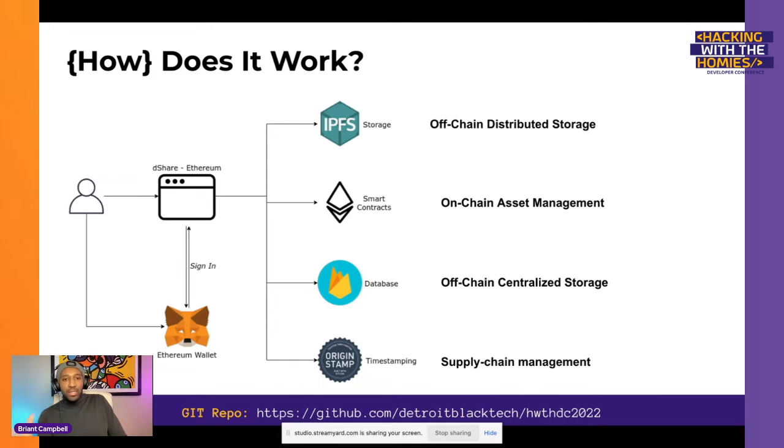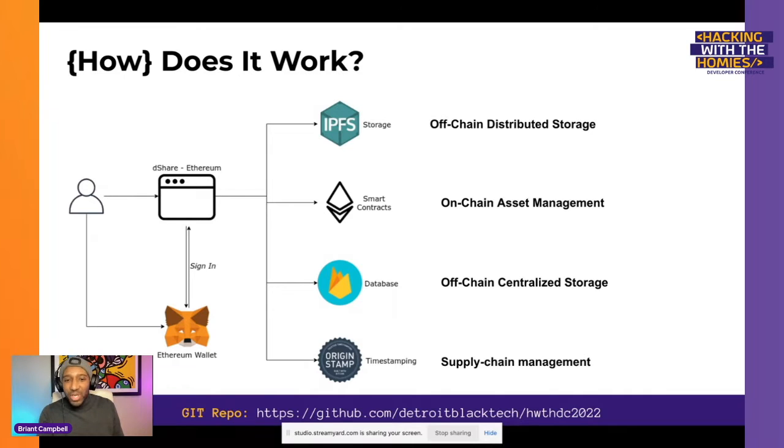Just at a high level, what is happening under the hood. On the left-hand side here, you are the end user. You interact with this decentralized application that then talks to your Ethereum wallet, which can be used to authenticate you. And you have to be authenticated for the blockchain before you can get to the fun stuff on the right-hand side.